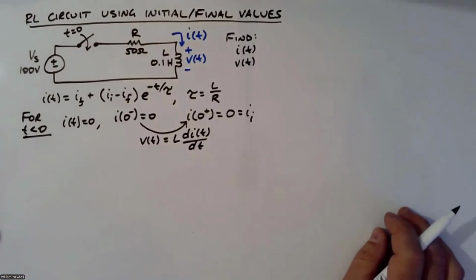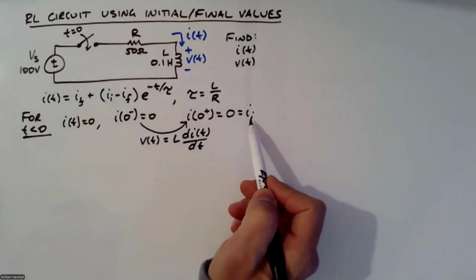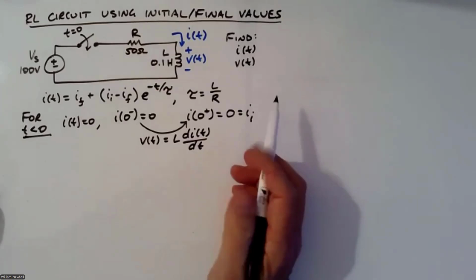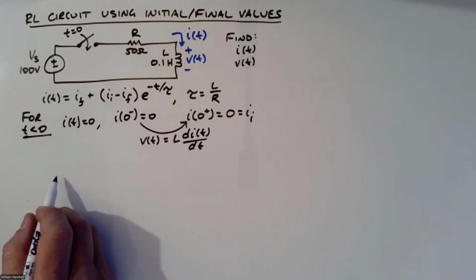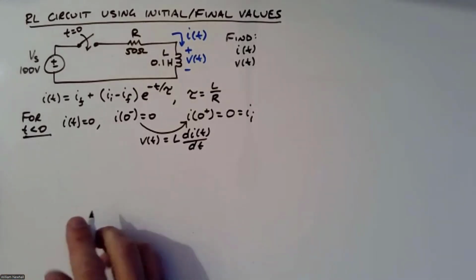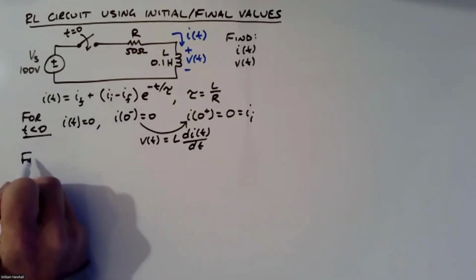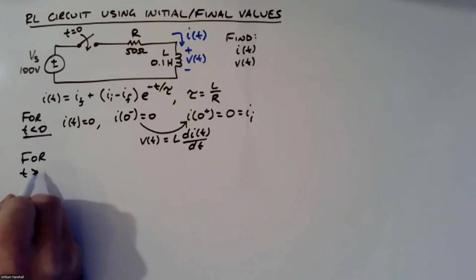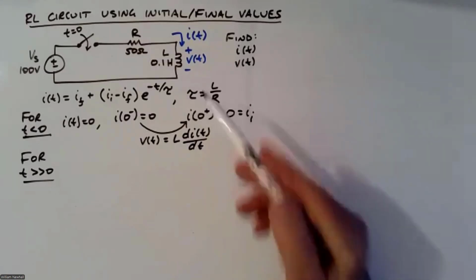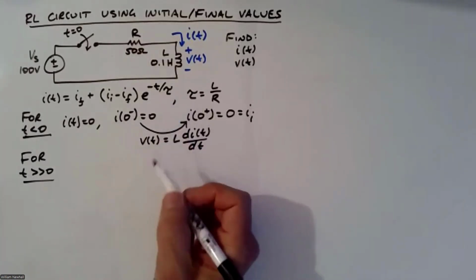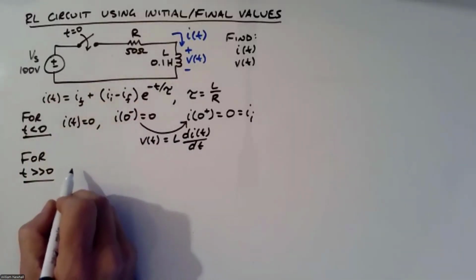So for this circuit, I_I equals 0. That's one of the values we need here. Next, we try to find the steady state value of current. That's I_F. So for t much greater than 0, how much greater? Much greater than 5 time constants or later. So we close that switch and wait a while.